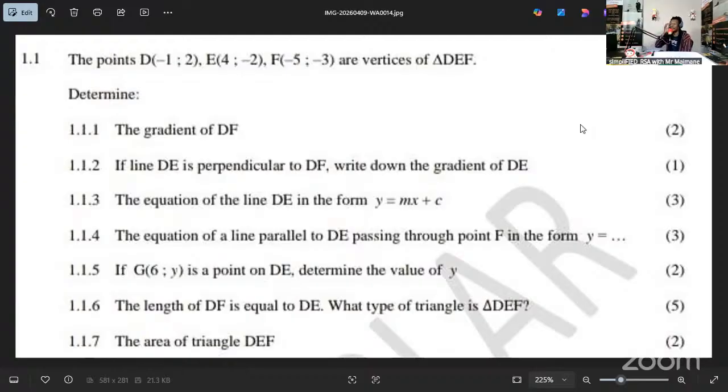Just the structure of the question as it is. So the points D(-1; 2), E(4; -2), F(-5; -3) are vertices of triangle DEF. Does your mind allow you to see the triangle?